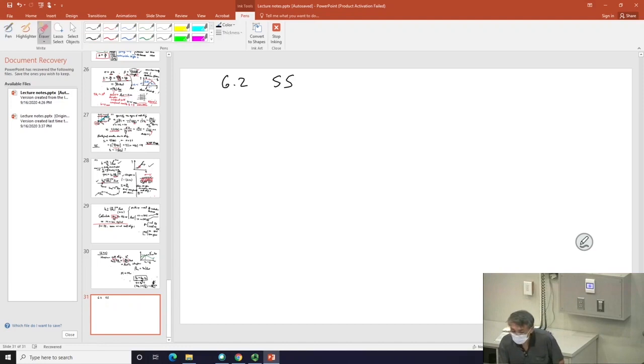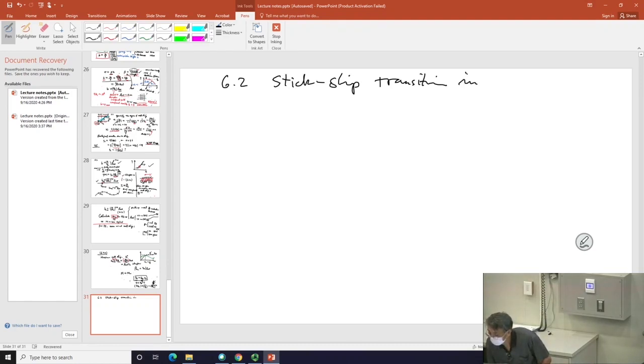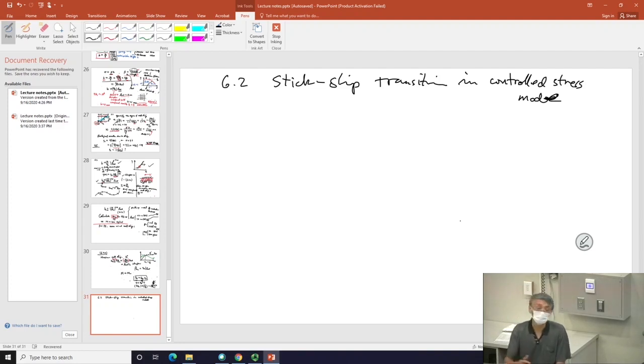So we're going to discuss a transition that can be so cleanly observed in the stress control mode, whereas a rate controlled mode is a much more complicated story that we will defer to next time.